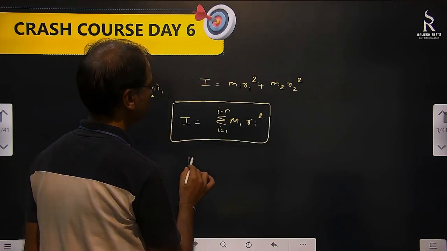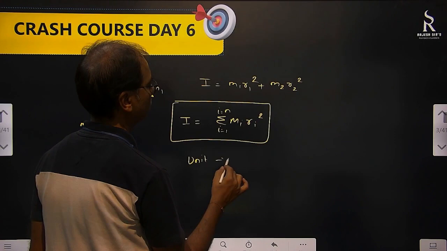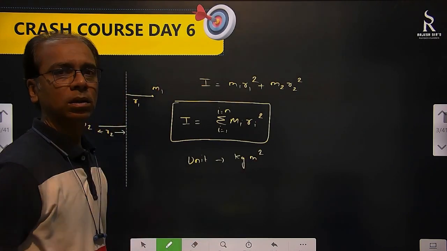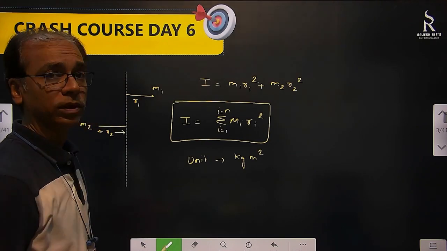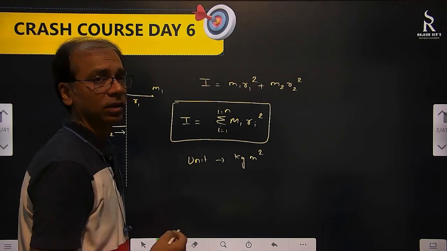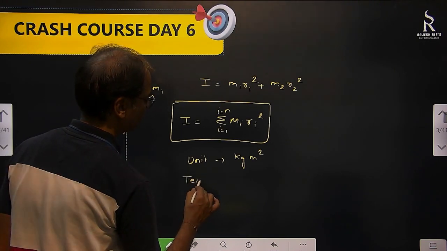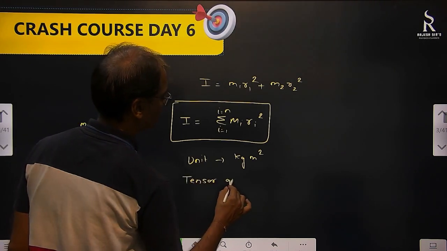What is its unit? The unit is kg meter square. What type of physical quantity is it, vector or scalar? Actually neither vector nor scalar; it is a tensor quantity.